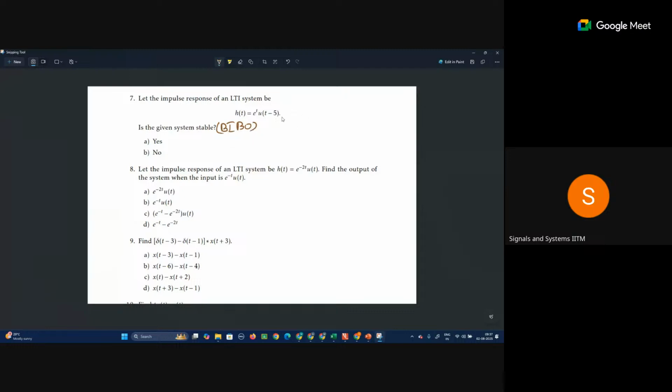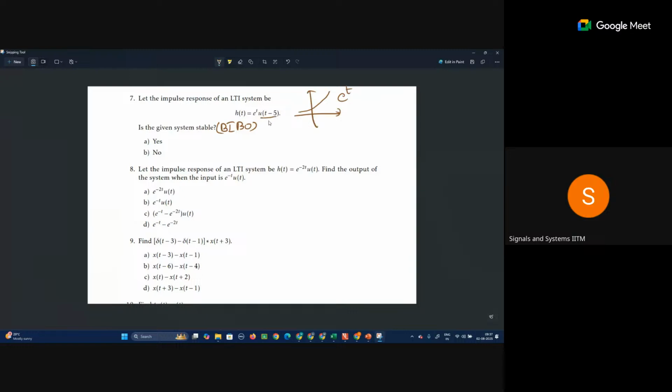So if you can, try to visualize how the graph will be. How the e power t will be looking like, it will be like this, right? I'm telling just e power t.